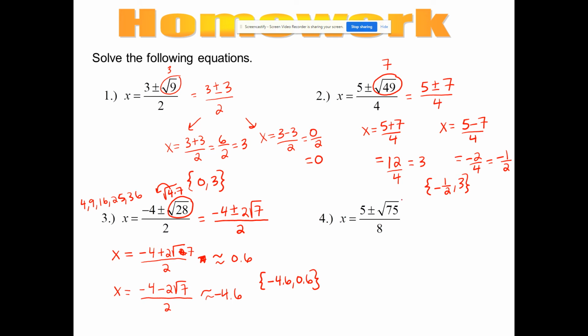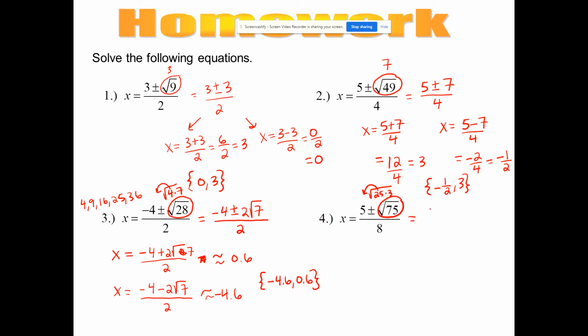Okay, so we'll do the same thing here. And if you look at these numbers, 75 can be broken apart with 25. So remember, 75 is just 25 times 3, and the 25 can come out as a 5.